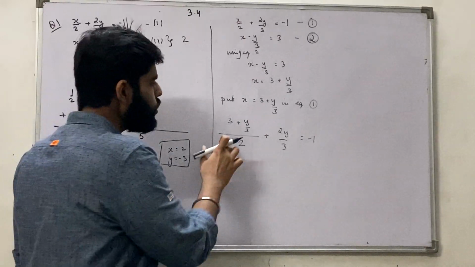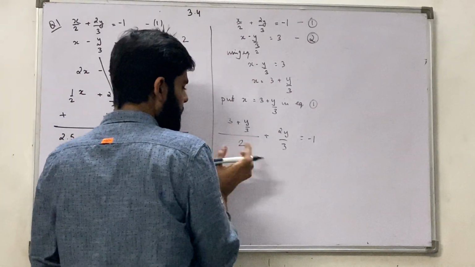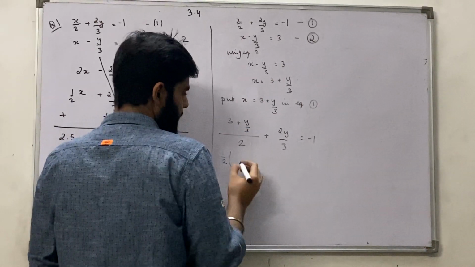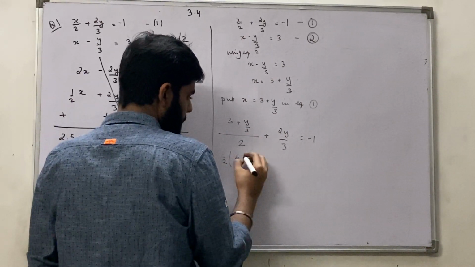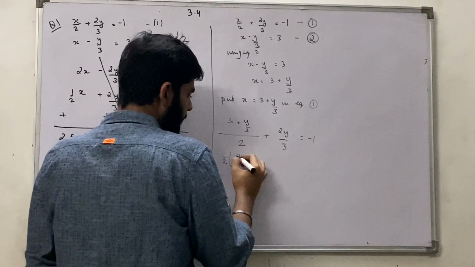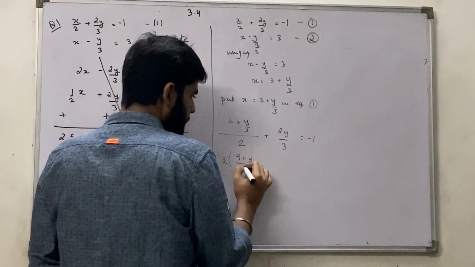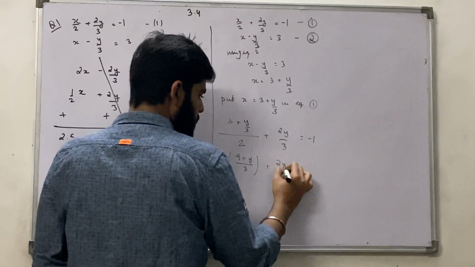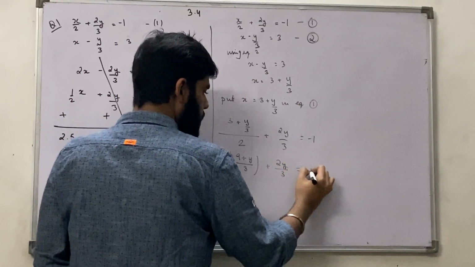Now, first of all, we will take an LCM over here and we will take this out. This half will come out. We will write LCM will be 9 plus y by 3 plus 2y by 3 is equal to minus 1.